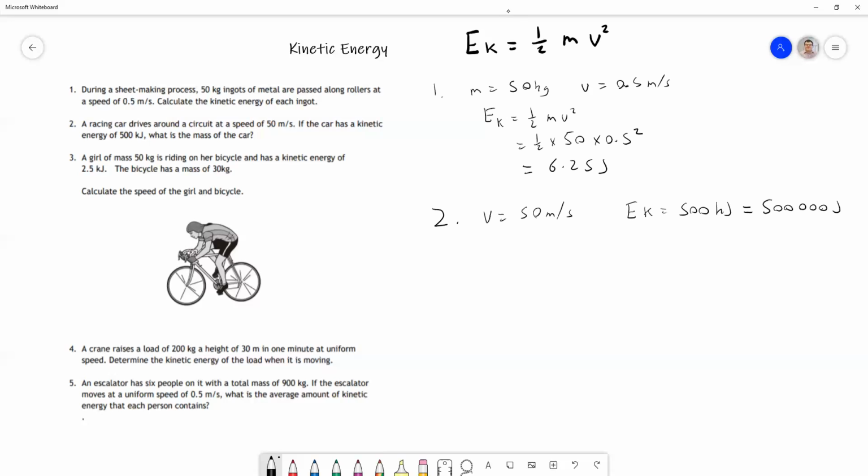Before we perform any calculation, we always convert our units into joules, kilograms, and meters per second in a kinetic energy calculation. Our formula has kinetic energy equal to 1/2 times mass times velocity squared. But this time we've been asked to find the mass.